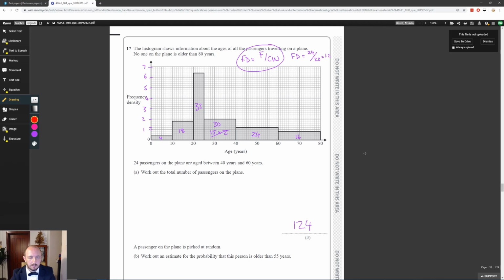For part B, a passenger is picked at random. Work out an estimate for the probability that they're older than 55. So 55 would be this area here, plus this one that we've already worked out. So 16 there. This one would be 5 times 1.2 for the height. That gives us 6 passengers.